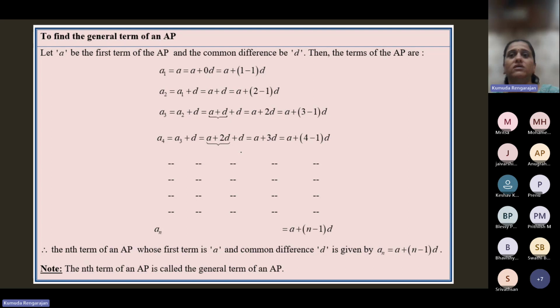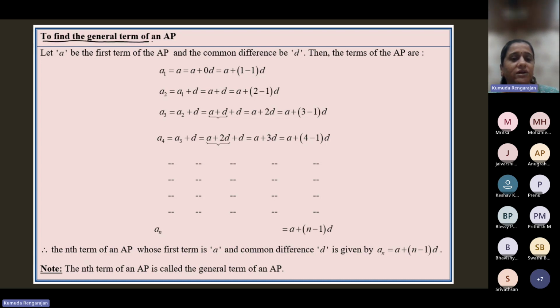So this is not a proof. This is a derivation. Derivation meaning by observation, we understand that this expression will help us find the nth term of the AP. So let's understand what that is.